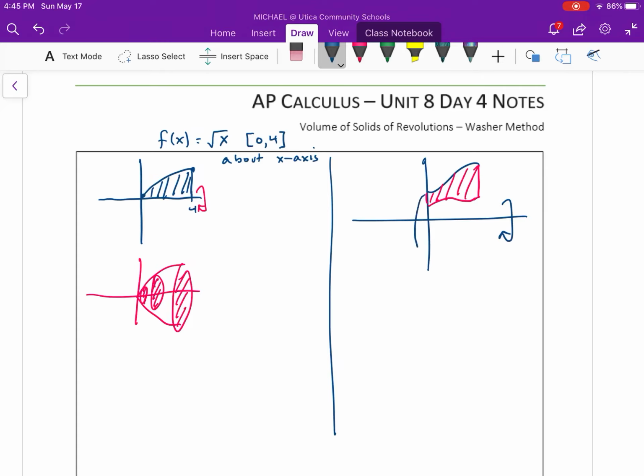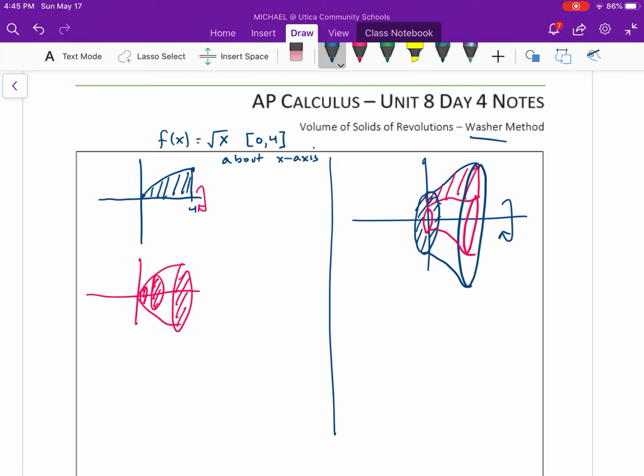So when we do that, we're going to have this three-dimensional shape. But this time, instead of discs, we're going to have these donuts, or that's our washers.